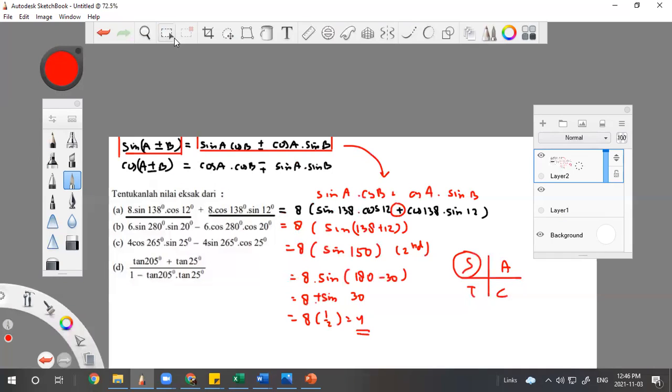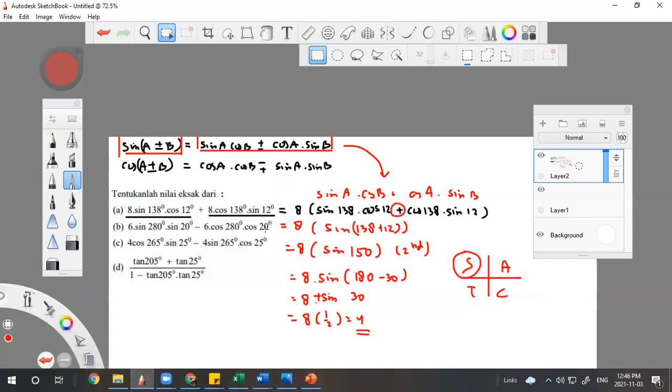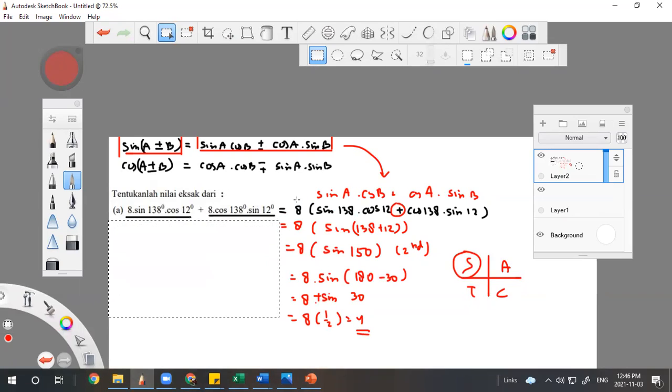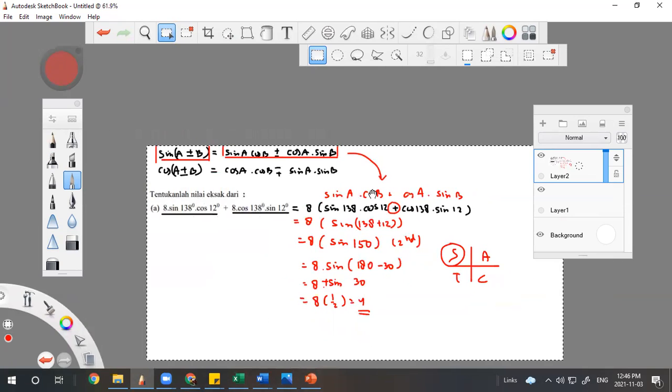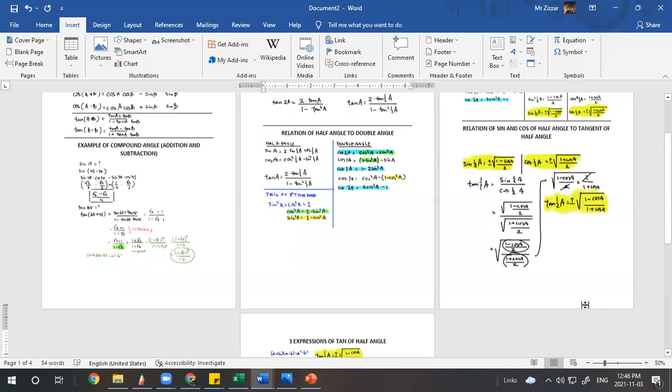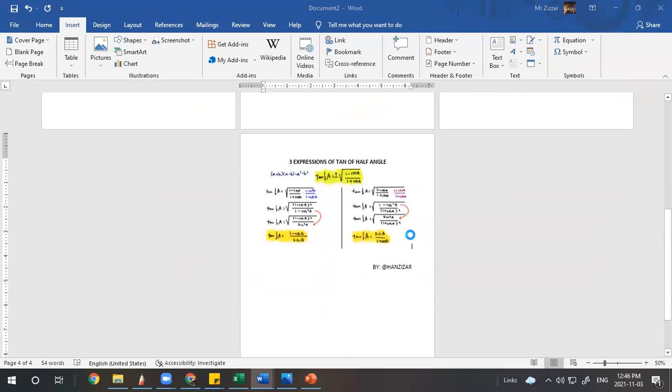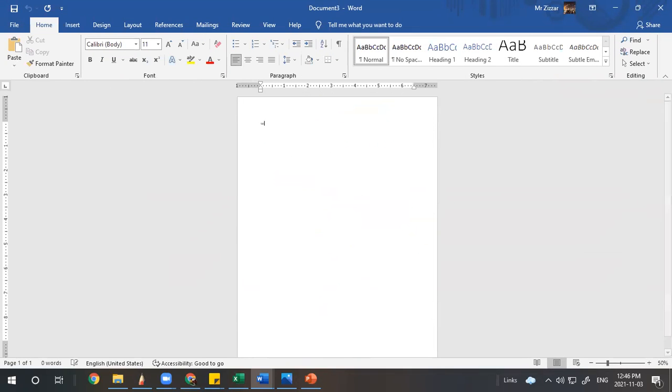Kalau yang B gimana? Nah, kita copy dulu ya. Ayo buang ini dulu. Ini nanti ditambahin kok. Bikin di new aja ya, new ini soal latihan. Contoh soal. Example.